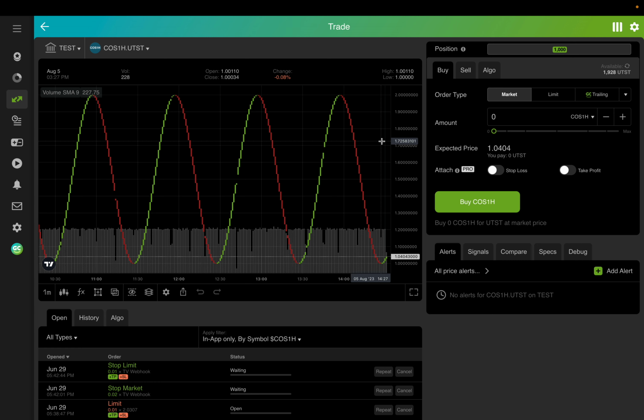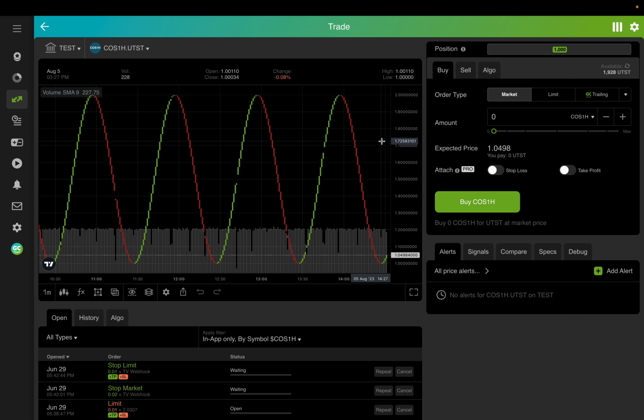If you are right about the price trend, it allows you to ride with it, choosing a better entry point or a better exit point, basically by minimizing your entry price or maximizing your exit profit, right? So that's the trailing stop, trailing orders.